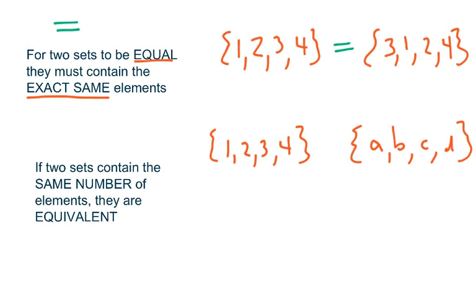They each contain 4 elements, and if two sets contain the same number of elements, then they are equivalent. So while the two sets 1, 2, 3, 4, and A, B, C, D are not equal, they do contain the same number of elements, so they are equivalent. One thing I want you to notice here: if two sets are equal and they contain the exact same elements, then they must also be equivalent.